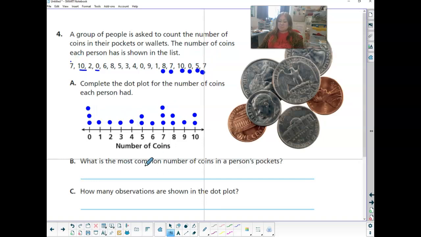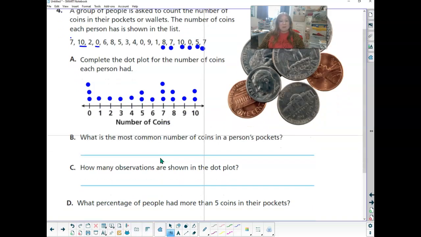So sometimes we can have 2 things that are the same. How many observations are shown or how many people were asked? Every dot is a person that was asked. We want to count up the dots to see how many people they asked about their coins.